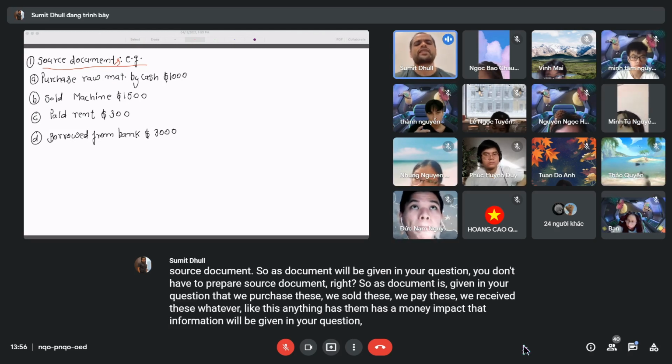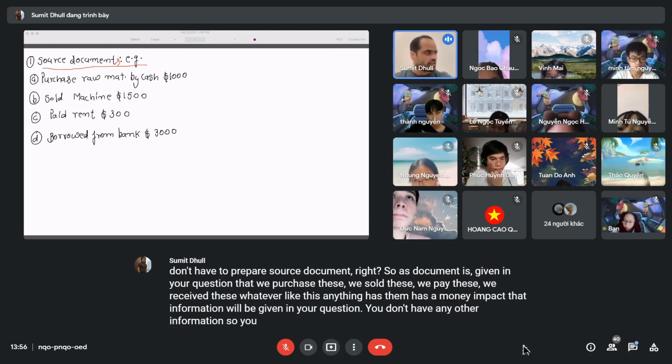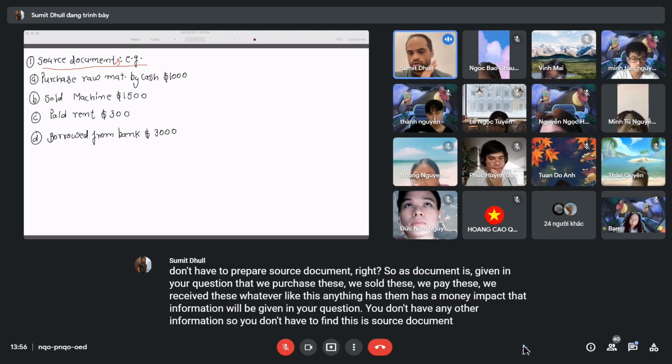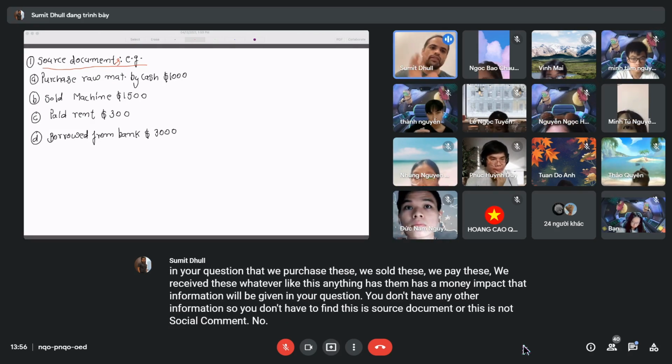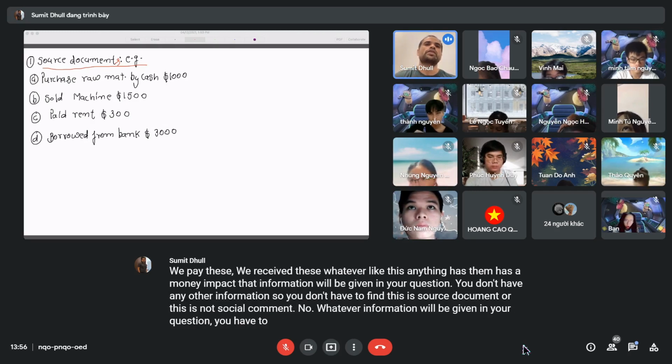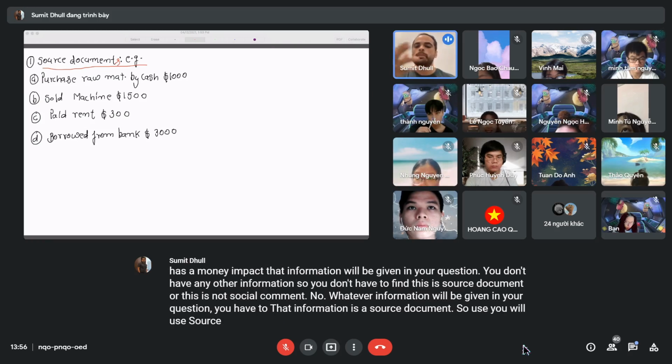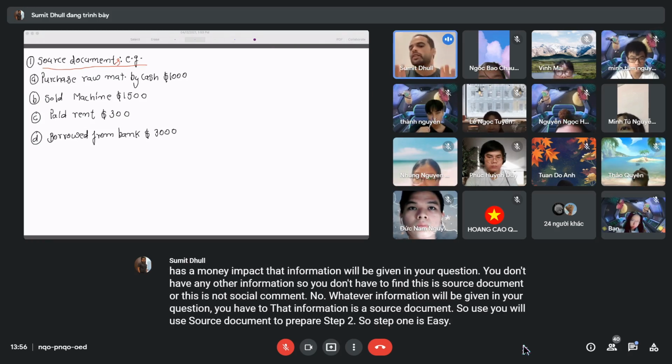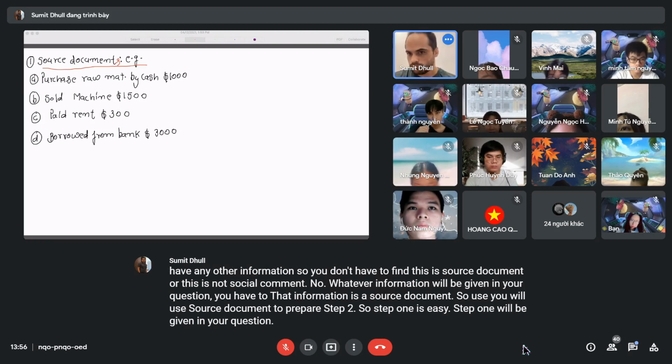You don't have to decide whether this is a source document or not. Whatever information is given in your question is a source document, so you will use it to prepare step 2. So step 1 is easy. Everybody understand?